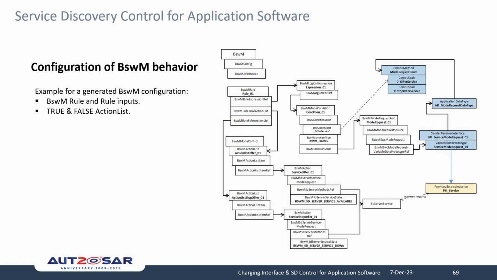In the true action list, we will ask the service discovery to send a service offer by calling the existing function from service discovery with the service available parameter. And in the false action list, we will ask the service discovery to stop offering the service by using the service down parameter.